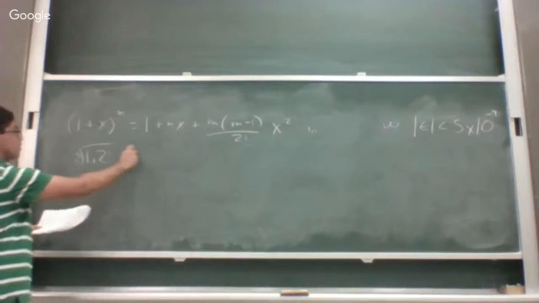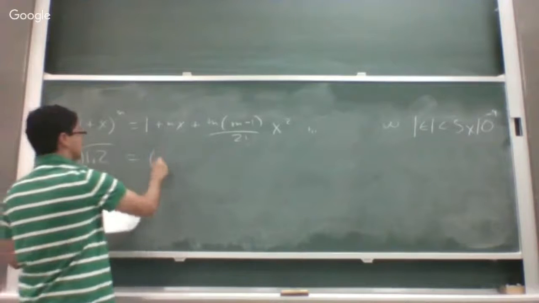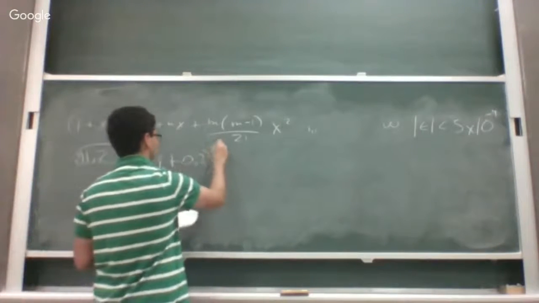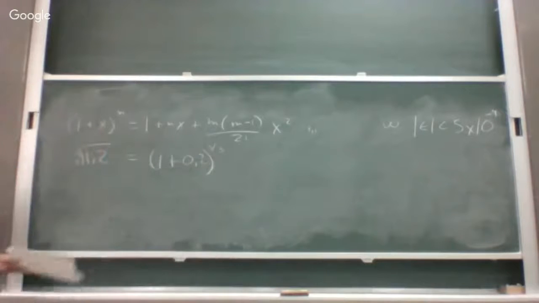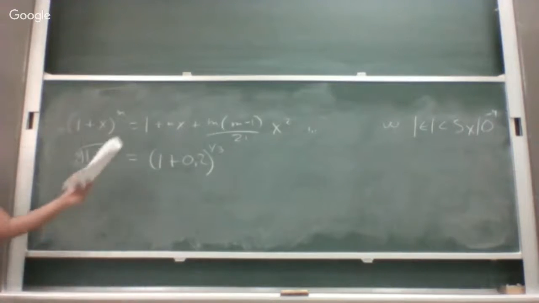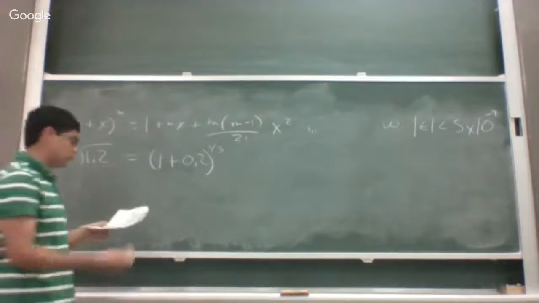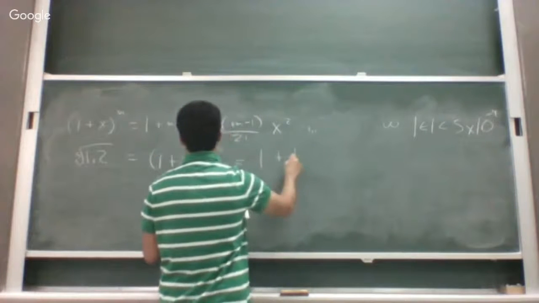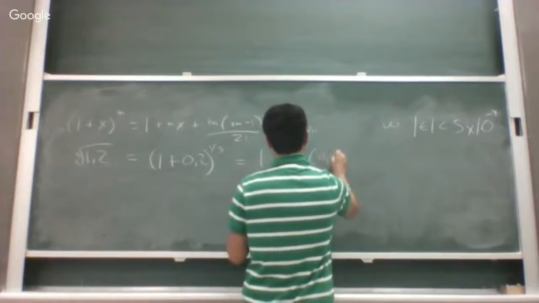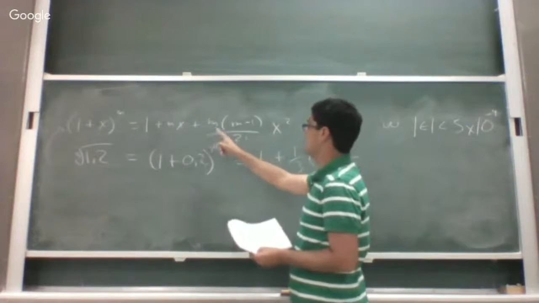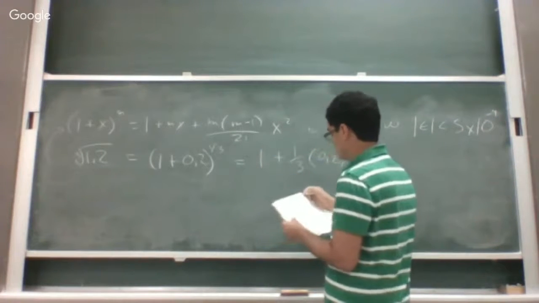So looking at this, it is equal to 1 plus 0.2 to the 1/3 power. So we turned what we were given into a form with that series. Then that's equal to 1 plus 1/3 times 0.2 minus m times m minus 1.